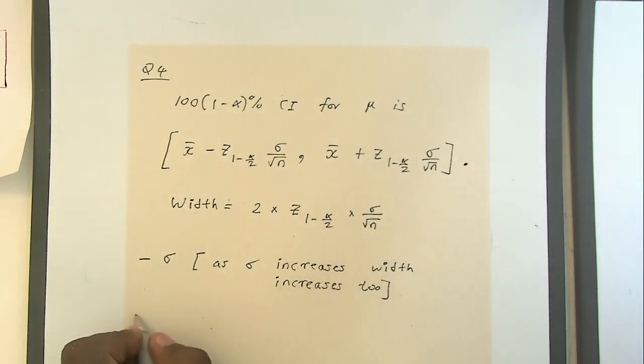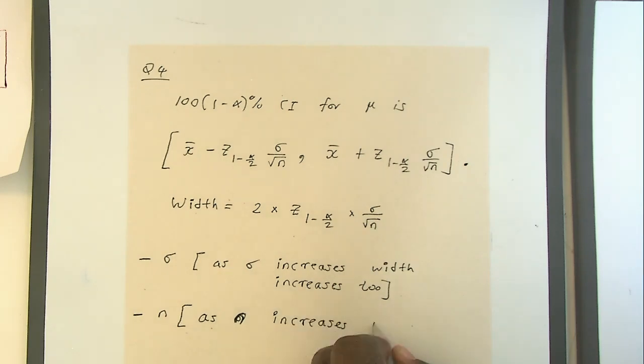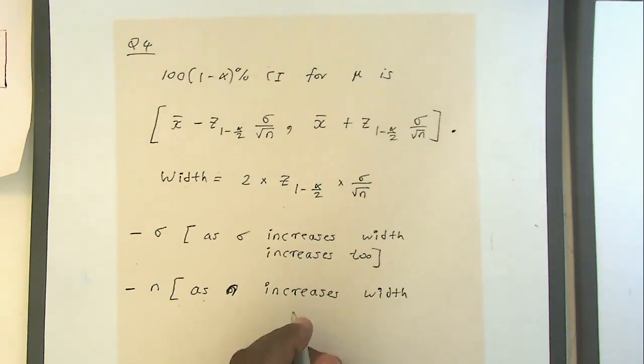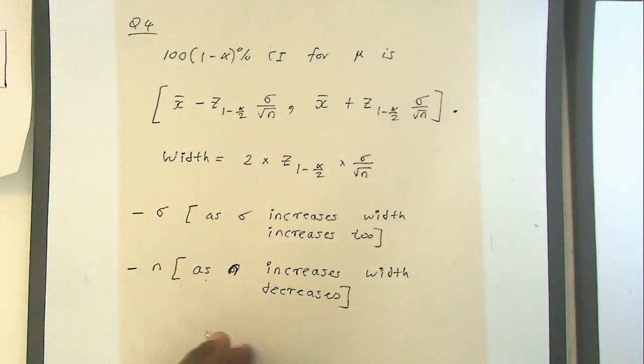Now the second factor is n. As n increases, what will happen to the width? It will decrease, okay? Because it's a decreasing function of n.